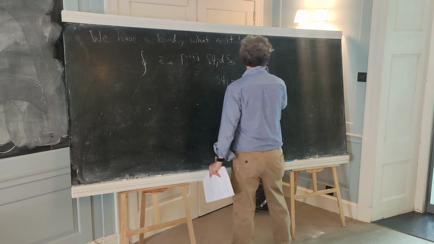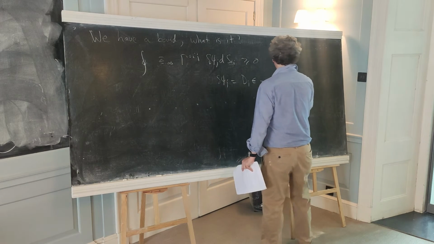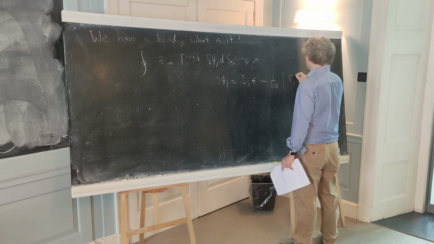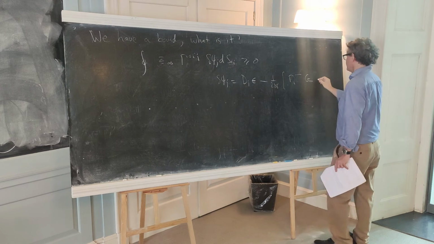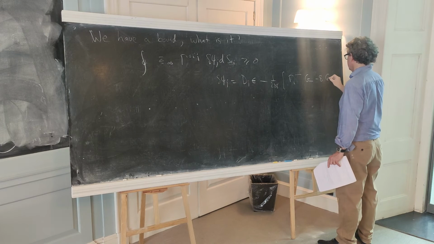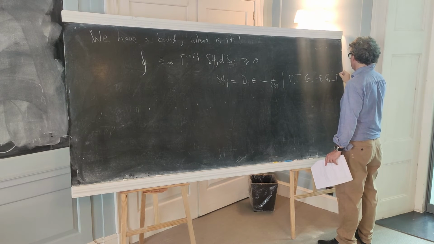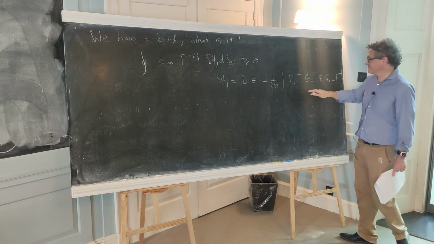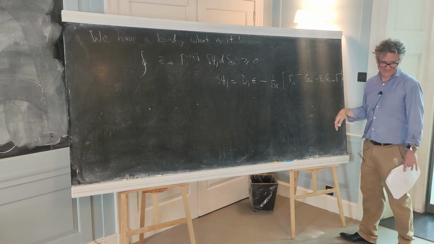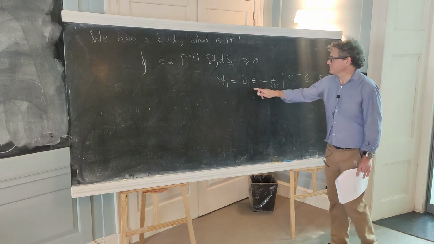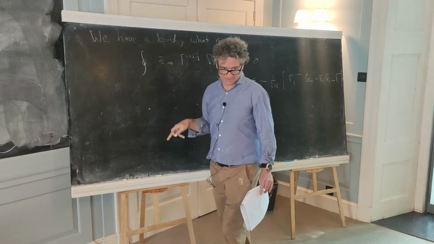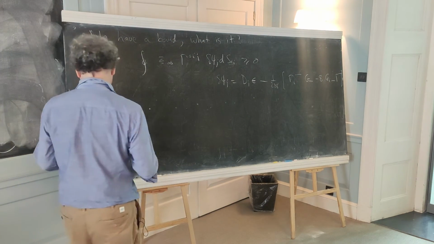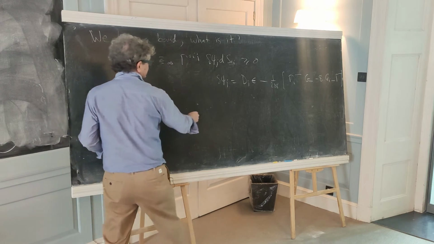So for M theory, it's this. Is it okay if I use this notation? The bar just means I'm contracting by whatever's left. So we just have to look at what each of these things contributes to the integral. So the first one is this.